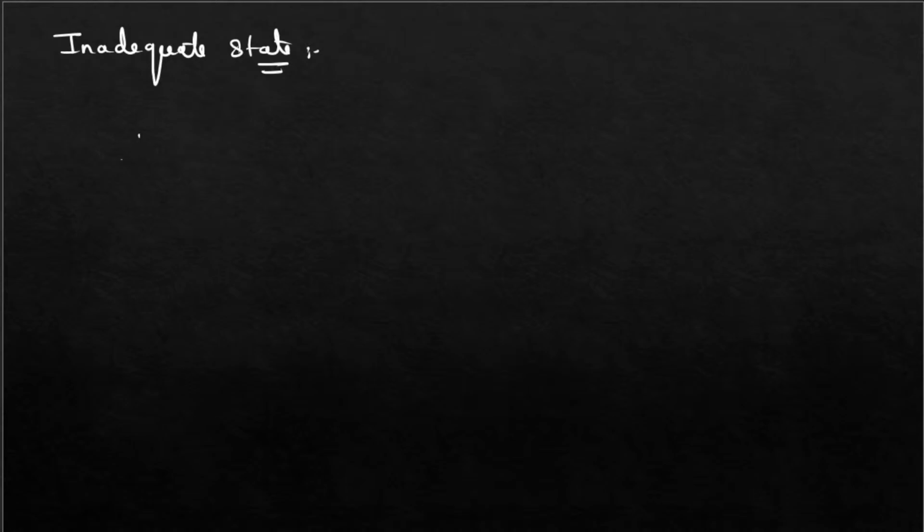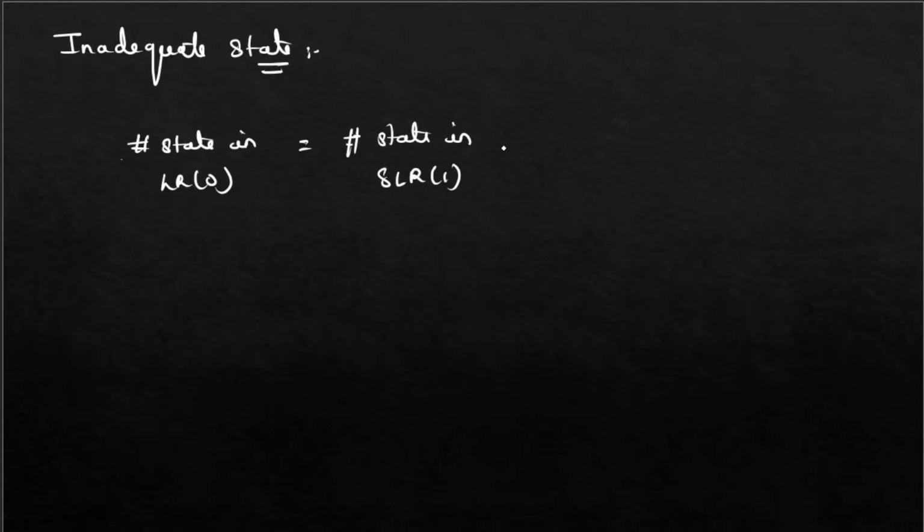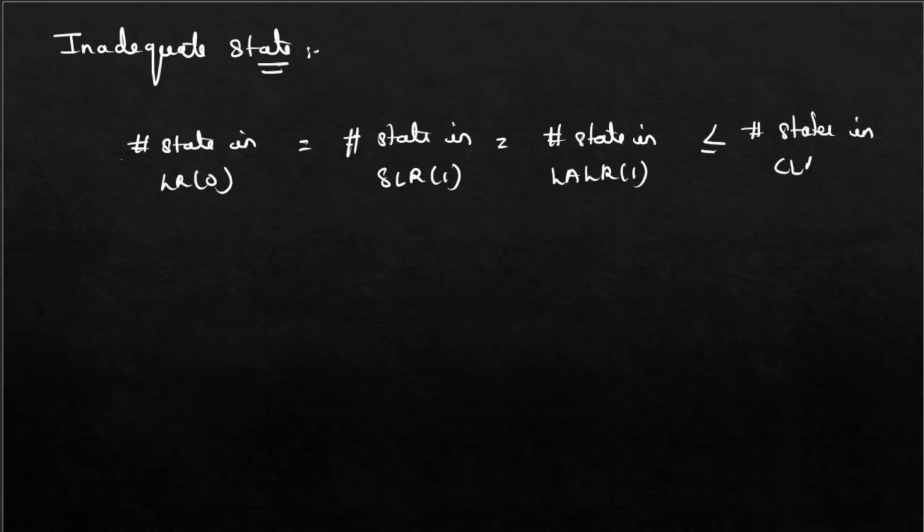One thing you should note: the number of states in LR0 is equal to the number of states in SLR1, is equal to the number of states in LALR1, which is smaller than or equal to the number of states in CLR1. Now let's note some important points.